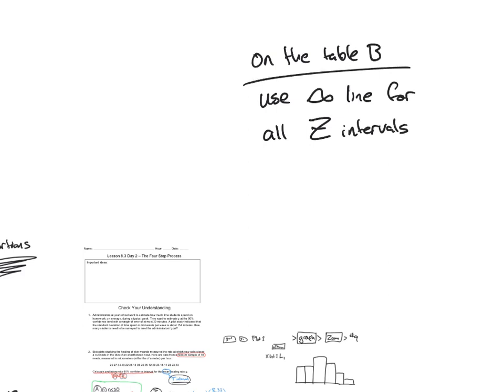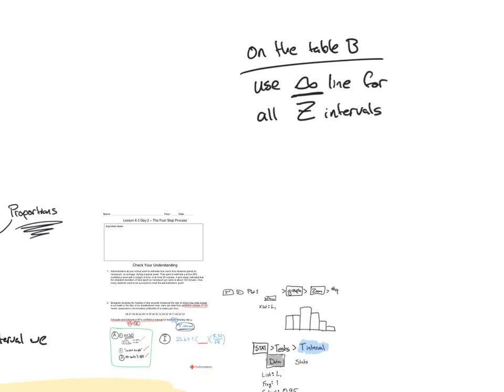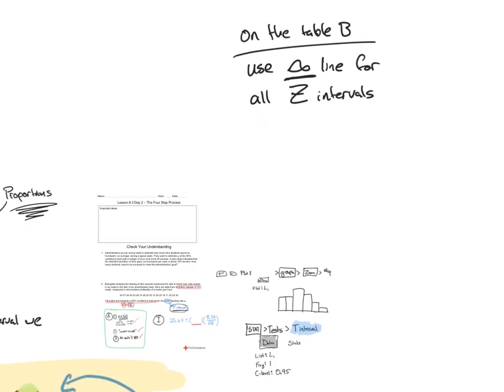That means z interval for proportions, because they're always z interval. And that means z interval for means. Every once in a while, we'll have a z interval for means. Always use the infinity line. If it's a t distribution, you have to use any number above the infinity line.